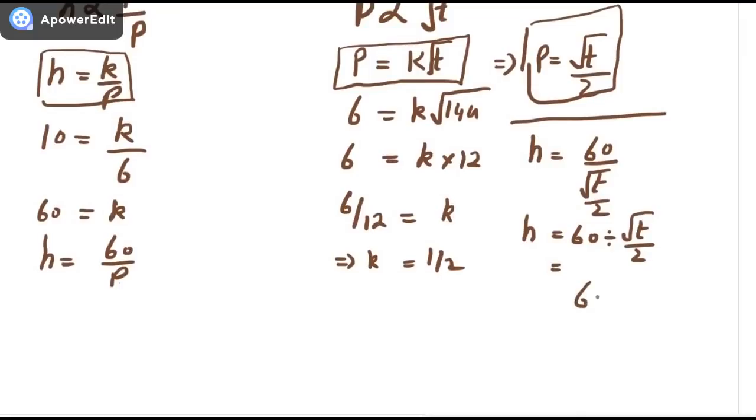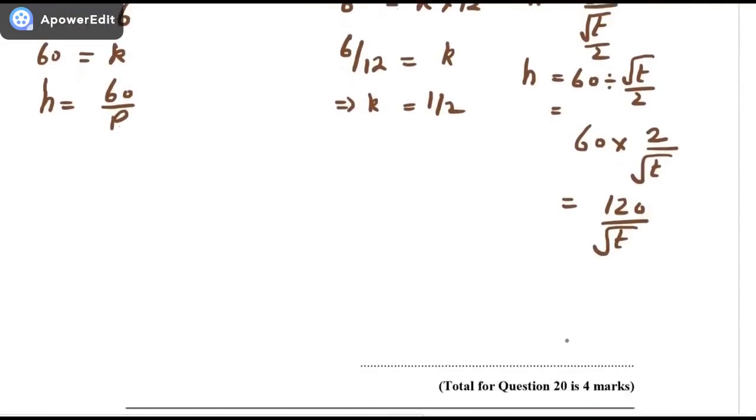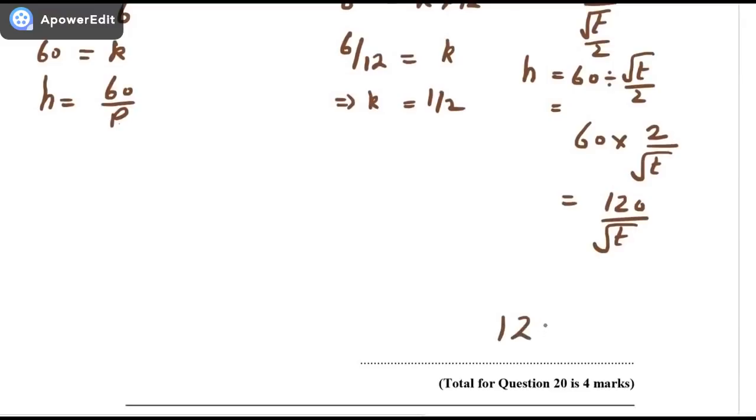So I can do 60, I can use KCF, keep, change into times and flip this one, 2 over root t, and times top with top, 60 times 2 is going to be 120 over root t, and that's our answer. You can leave it as it is and you get 4 marks, easy peasy.